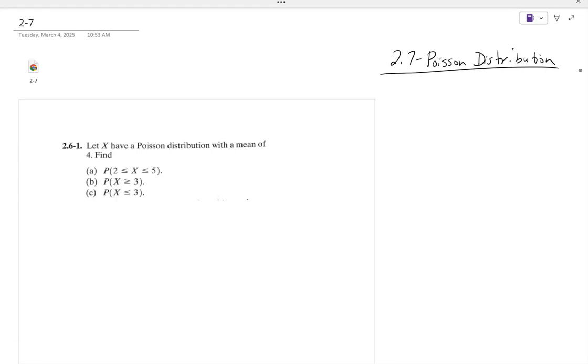To give a practical example of why you might want to know something about this particular type of distribution, perhaps you have a telemarketing company and you want to make sure you have appropriate staff to be able to handle an influx of calls, and you know that on average you have a certain number of calls that come in during a certain period.